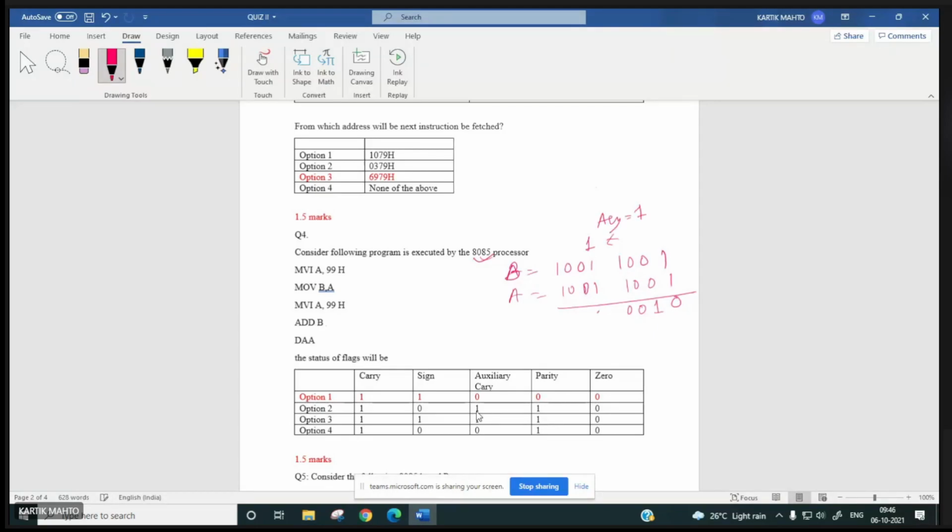So this will be 1, this will be 1, 0, 0, then this will be M. So both auxiliary carry as well as carry is set. So 0110, 0110 will be added. This is 0, this is 0, this is 1.